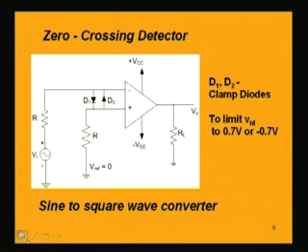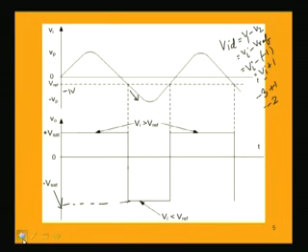Now, if we consider a comparator, although we are getting a pulse type of voltage or digital voltage, we are not getting the voltage having equal positive and negative portions.